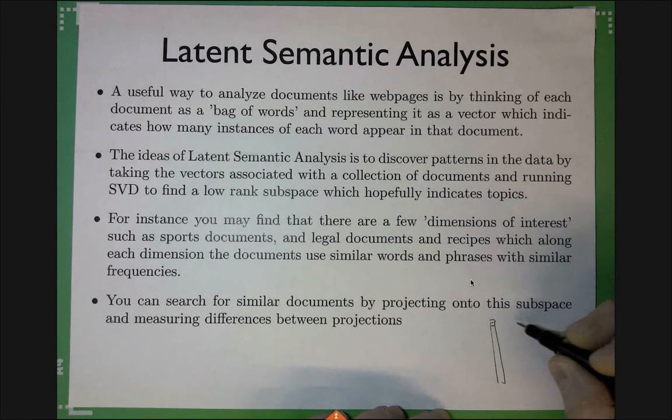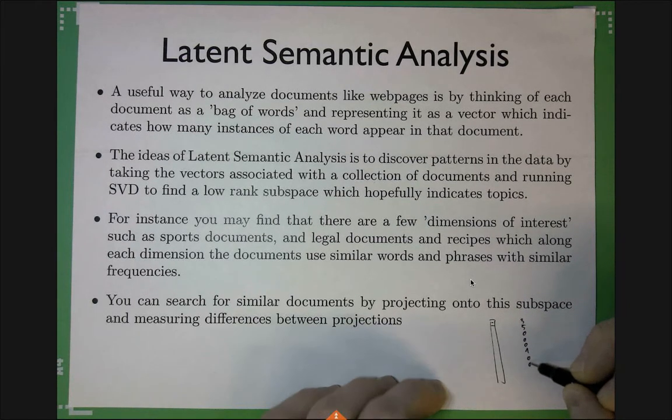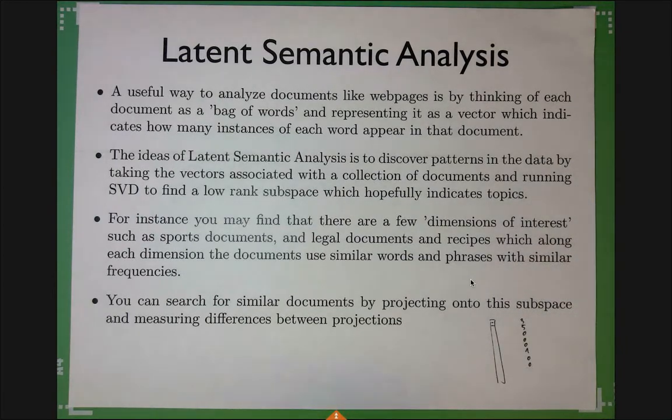And we just count how many times each word appeared in the document, like 3 times, 5 times, 0 times, 1 time, and so on. And this is our vector describing the document. So we essentially forget where the words were in the document. We just collect what words and how many times appeared in that document.